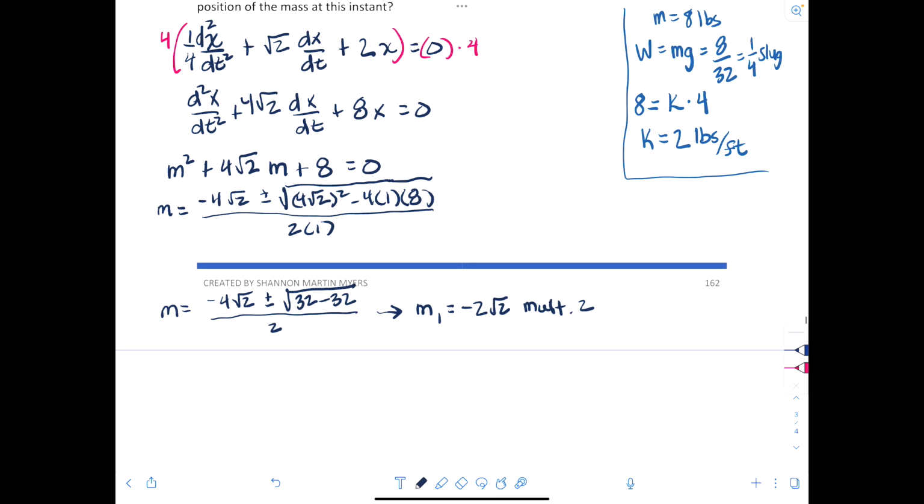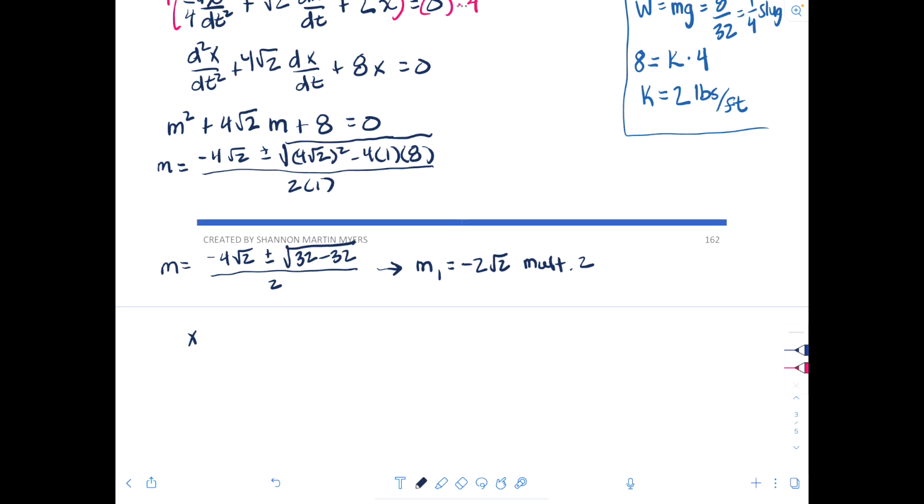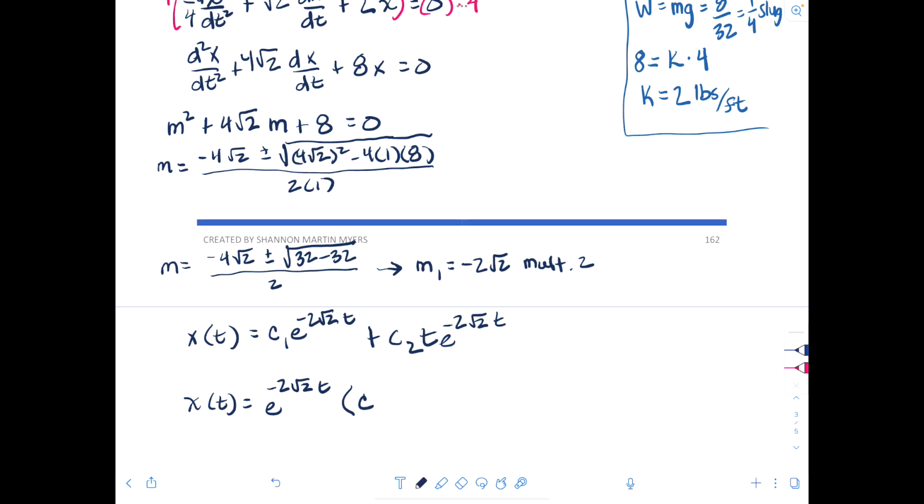And so that will be the case where we will have x at t equals c1 e to the negative 2 root 2 t plus c2 t e to the negative 2 root 2 t. Cool so far? And then cleaning it up a little bit, x at t would be e to the negative 2 root 2 times t, and then we'll get c1 plus c2 times t. Groovy?